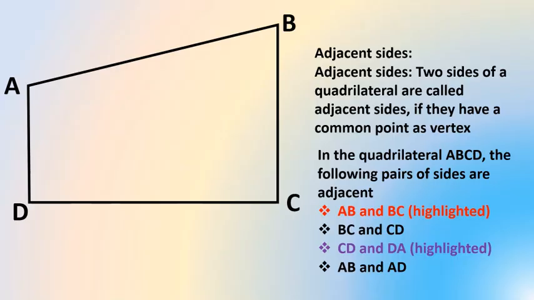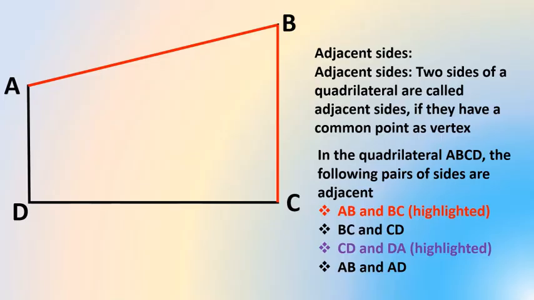Observe here. Now I am showing one pair of adjacent sides. When we refer to two objects, we say a pair. So it's a pair of adjacent sides. Now I have named AB and BC. What is the common vertex?